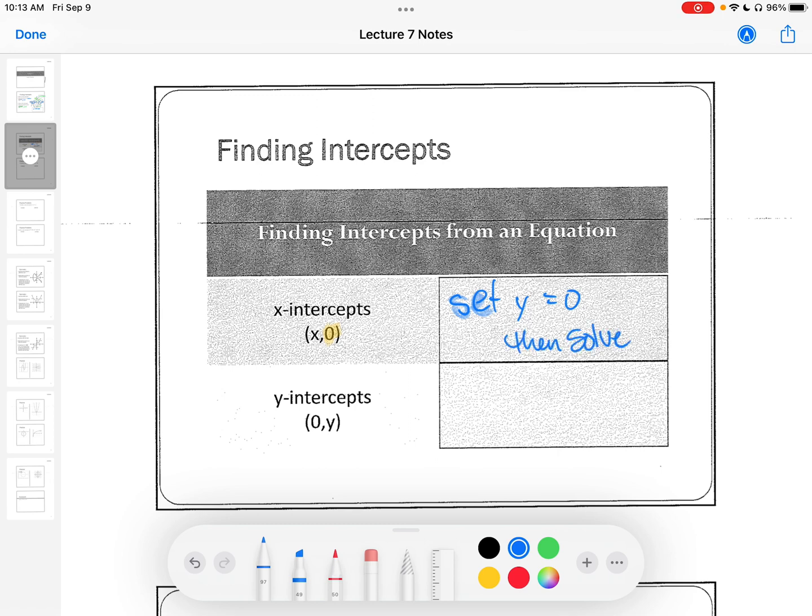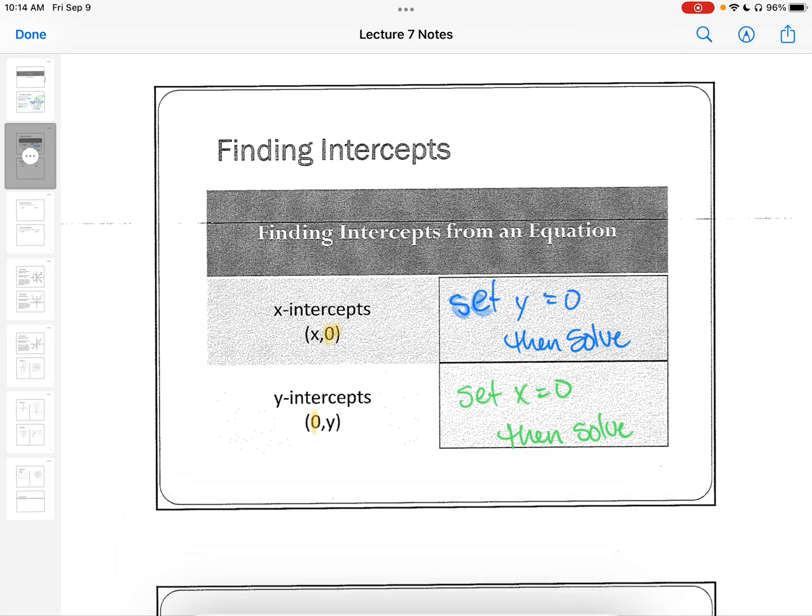If I look at my y-intercept, remember that 0 was there for all of the x's. So if I want to find my y-intercept, I am going to set x equal to 0. Then solve. Anytime you're trying to find an x-intercept, set your y equal to 0. Anytime you're trying to find a y-intercept, set your x equal to 0.